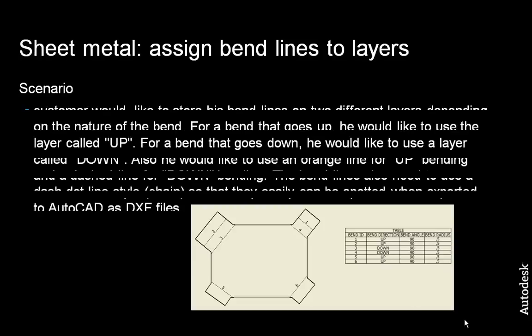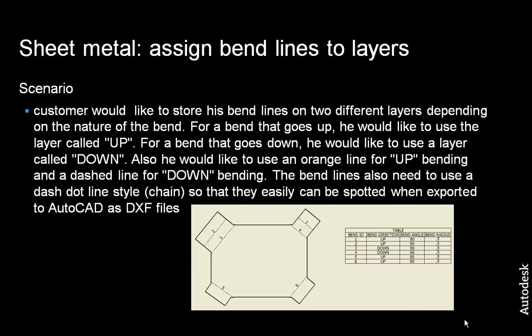The particular question that we want to solve here is the following. The user would like to store his bend lines on 2 different layers depending on the nature of the bend. He wants the bends that go up to go to a layer called up. The down bends, he wants them to go to the down layer.